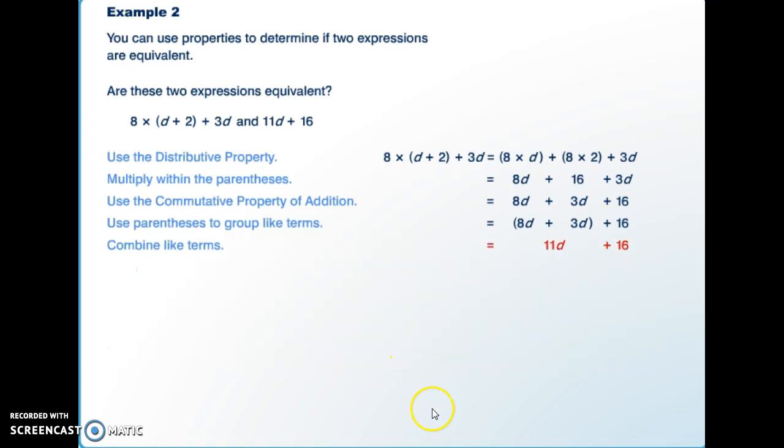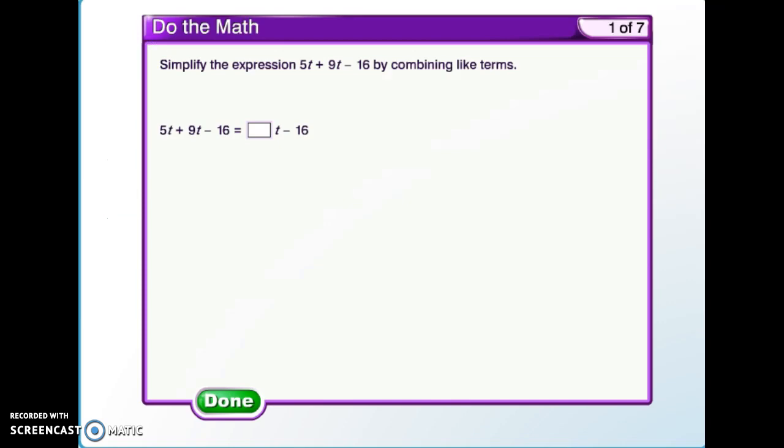Finally, compare the simplified expression with the second expression. 8 times the quantity D plus 2 plus 3D simplifies to 11D plus 16. So the expressions 8 times the quantity D plus 2 plus 3D and 11D plus 16 are equivalent.